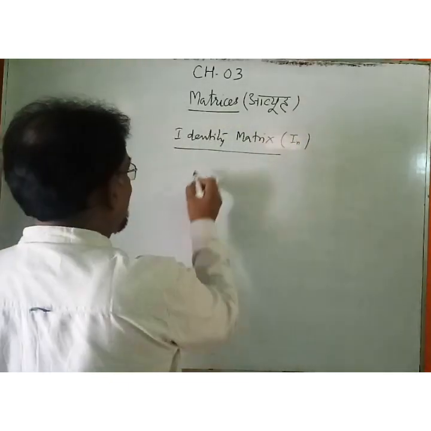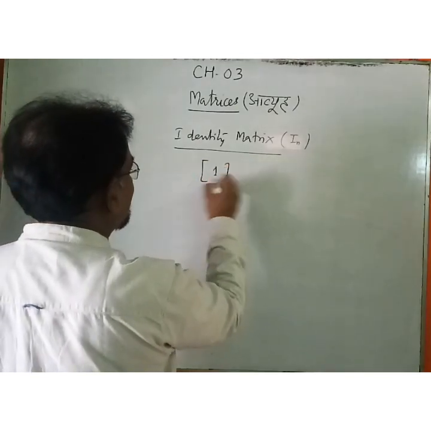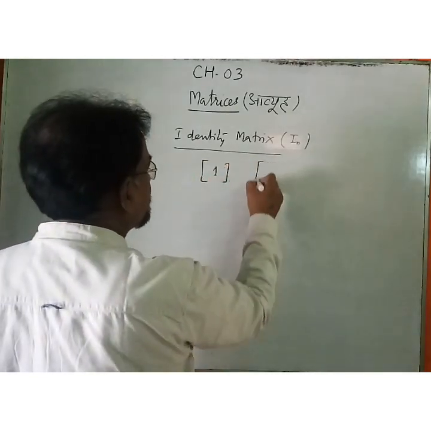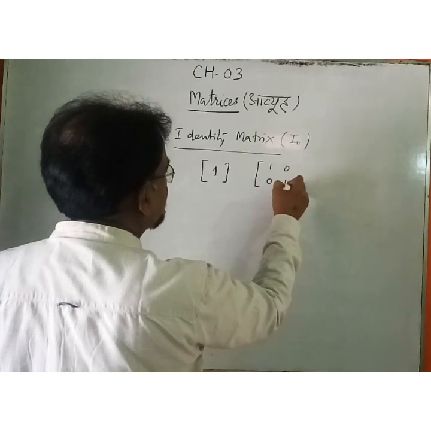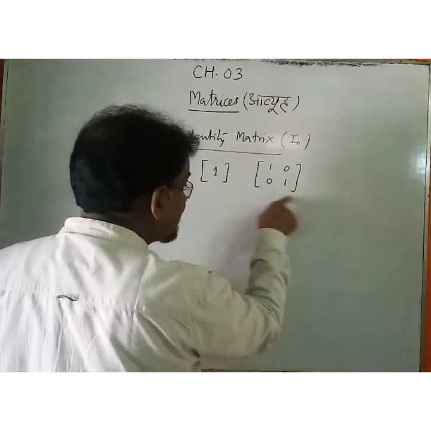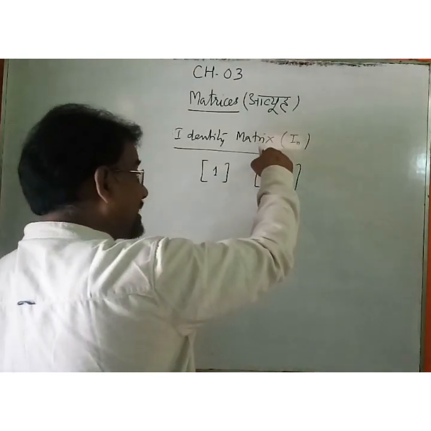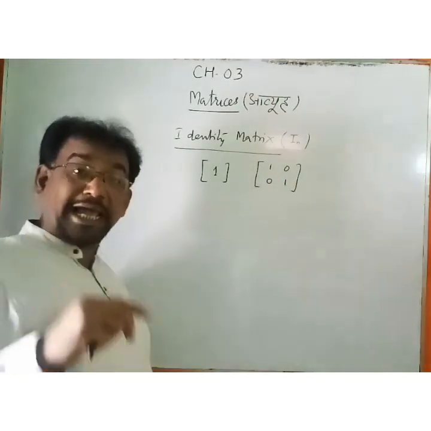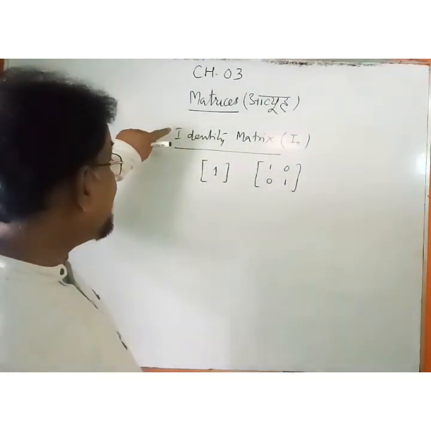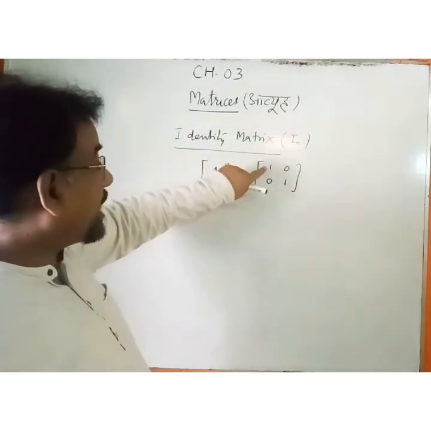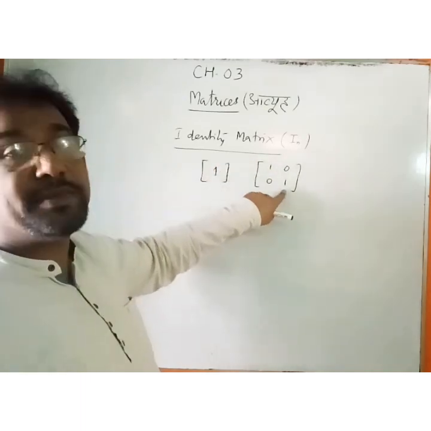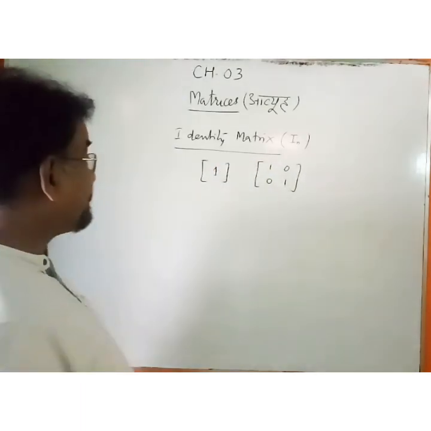If n is equal to 1, then identity matrix will be like this. If n is equal to 2, identity matrix will be 1 0 0 1. Remember, this is a scalar matrix, but in a scalar matrix the diagonal element may be any constant, while in identity matrix every diagonal element must be only 1.